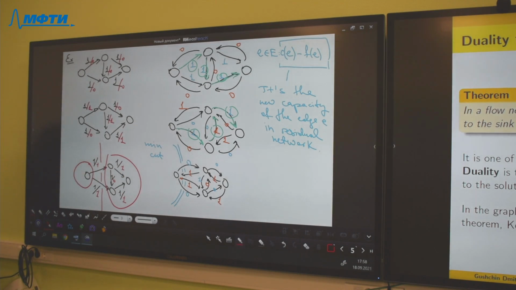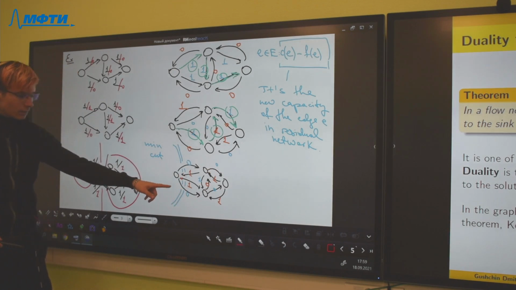And we say that if we have a flow network with maximal flow, then the minimal cut of this network we can build by connectedness of a residual network.